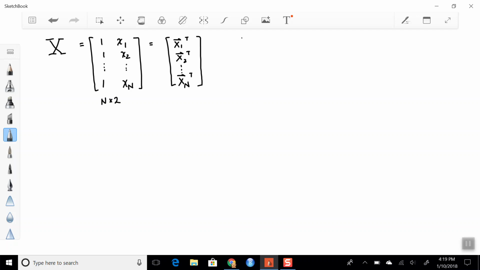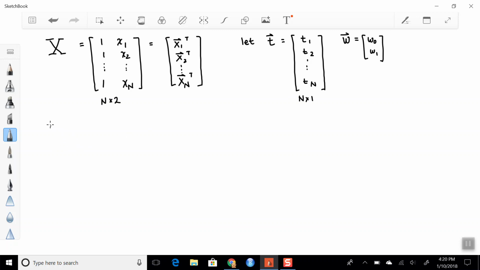And we'll also let the vector t just be the n by 1 matrix of all the t values, t1, t2, all the way to t capital N. And again, recall that the w vector is w0, w1.